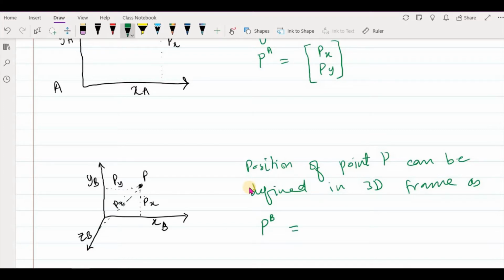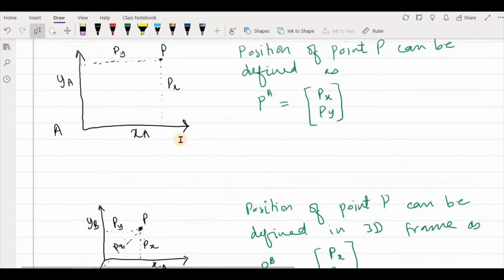So P is the point and B is the frame, and then you have to define Px, Py, and Pz. So this is how we write the position of a point in a coordinate system.